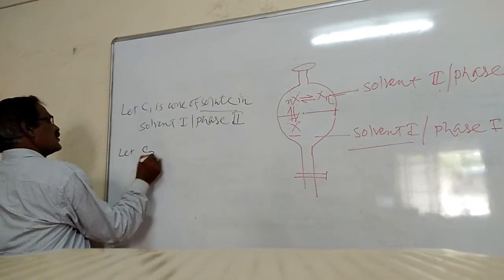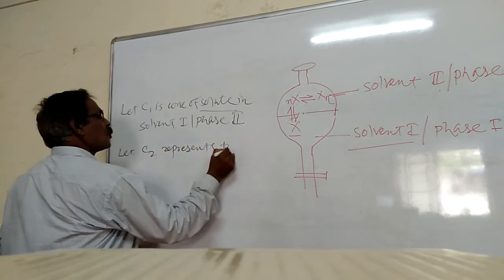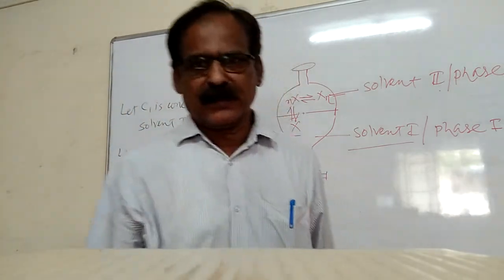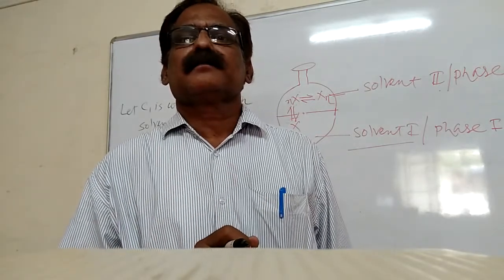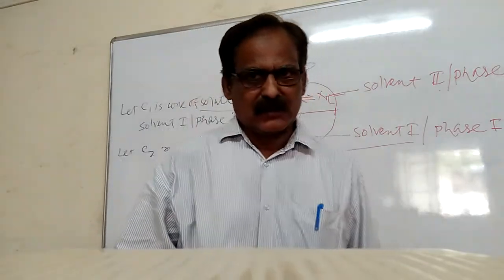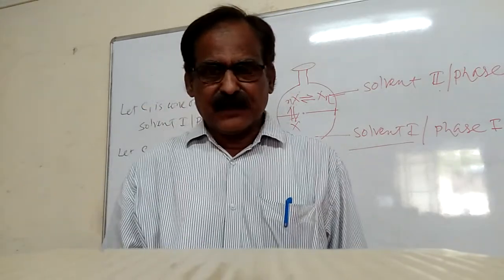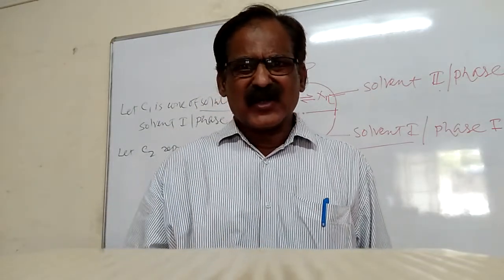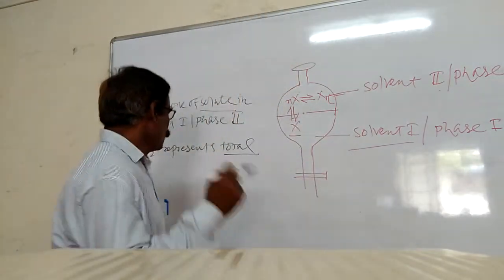Let C2 represent the total concentration. Total concentration includes both a very small number of single molecules existing in normal molecular state in solvent 2 and the large number of associated species existing in Xn state, the associated, modified molecular state, in solvent 2.